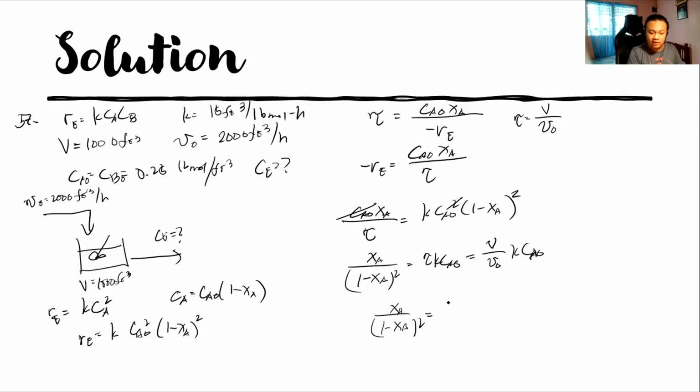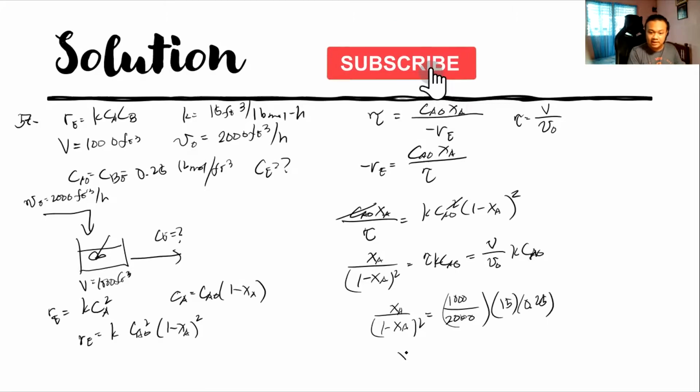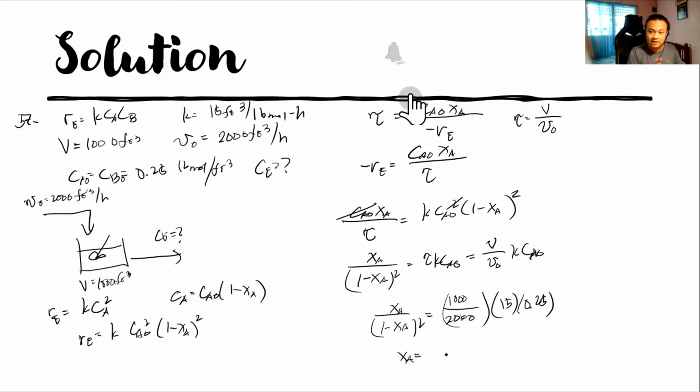So we have 1,000 volume over 2,000 volumetric flow rate, times K, we have 15, and then CA0, we have 0.25. Solve to find XA. You will get 0.4892.